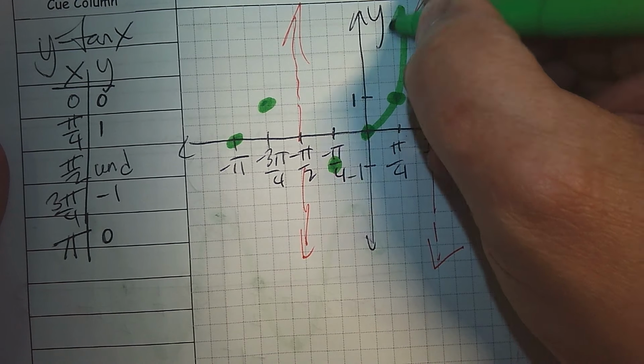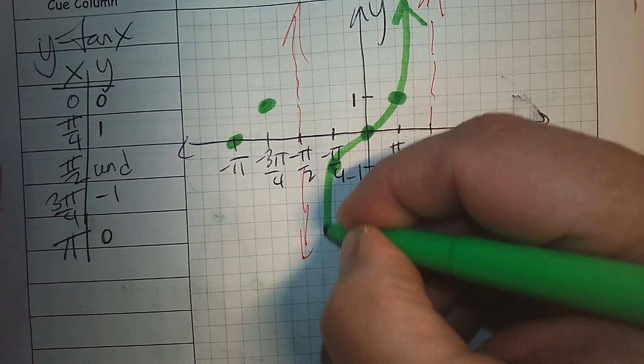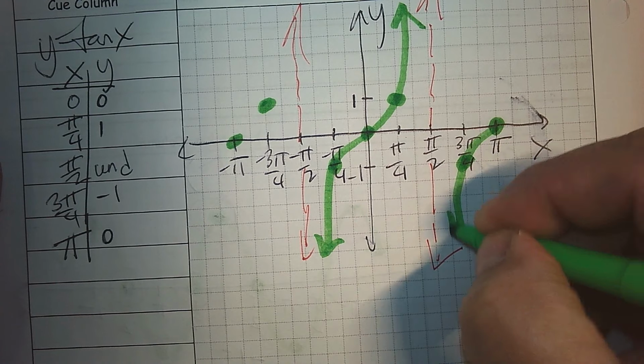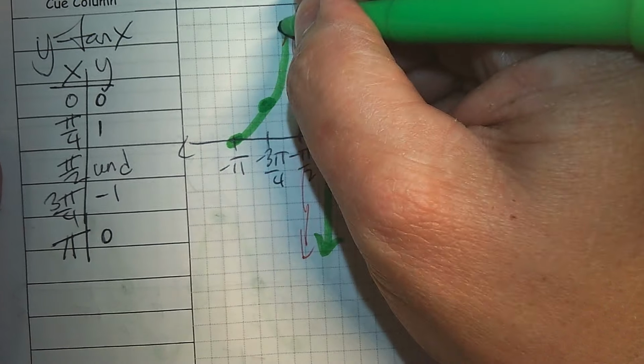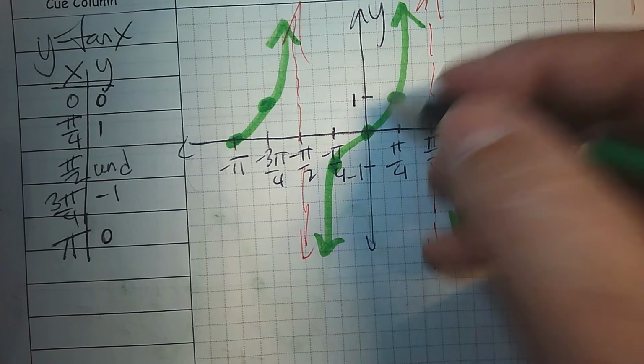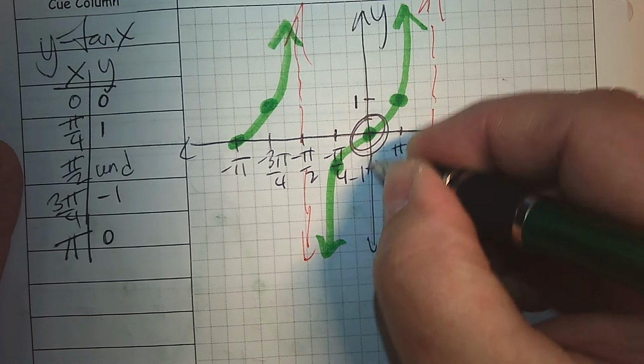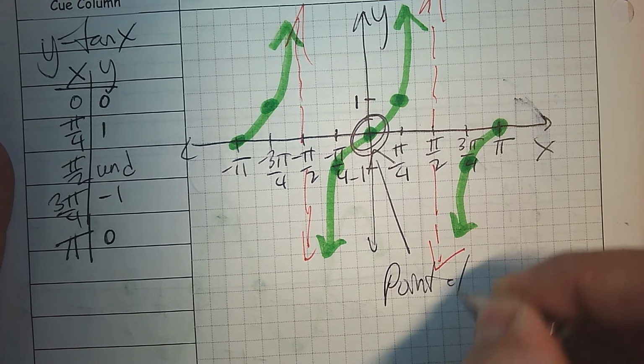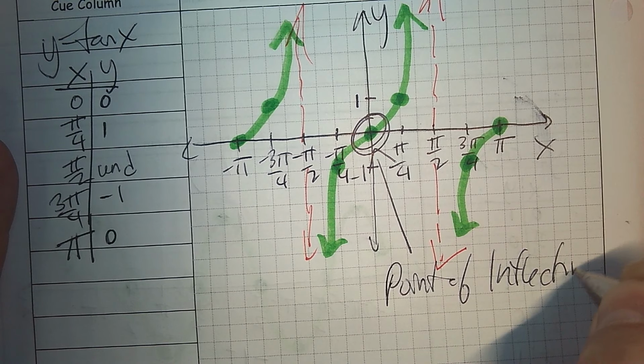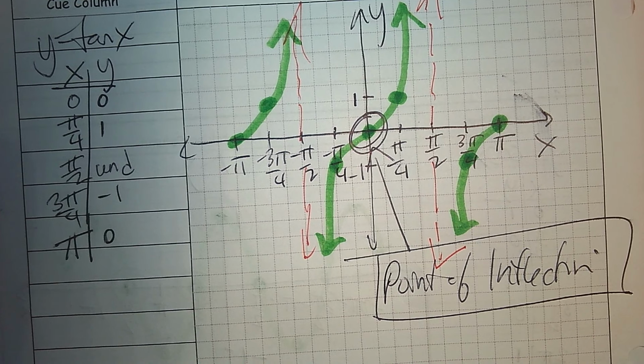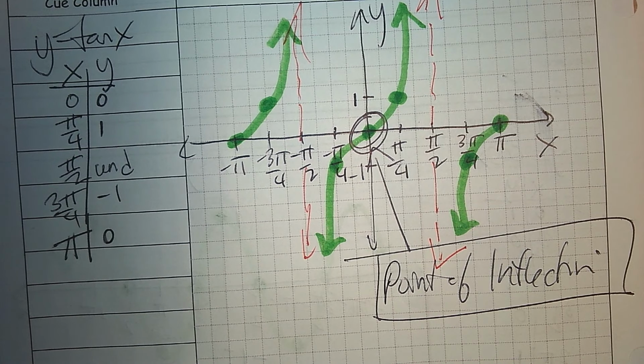It goes up to the right and down to the left. This point in the middle is called a point of inflection, where on one side it smiles and on the other side it frowns.